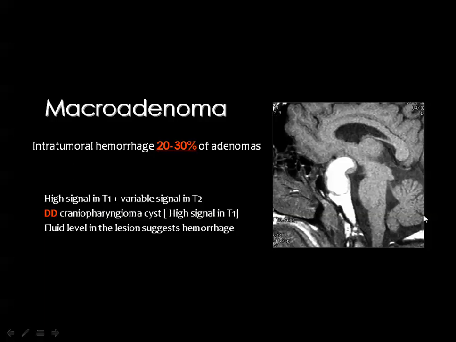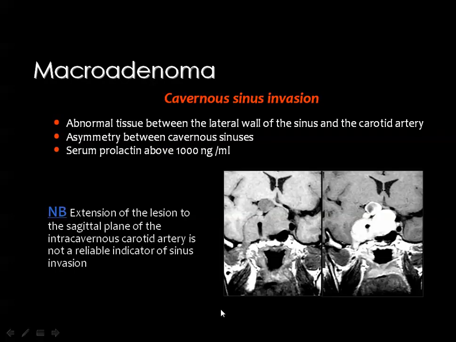In this particular situation, you have to discriminate this from the craniopharyngioma containing high signal fluid in the T1 weighted image of its cystic component. And this I will mention in full details whenever I am handling the suprasellar area.